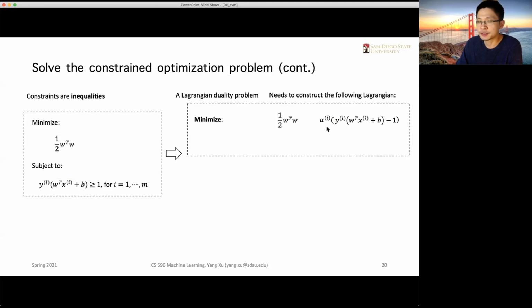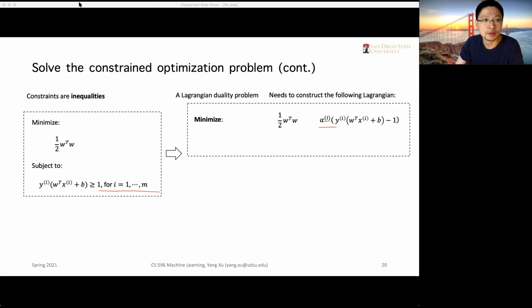So this alpha is similar to the lambda that we used for the single constraint optimization problem. But since now we have m constraints, we have i from 1 to m. So for each i, we will have 1 alpha. There's a superscript to alpha, so it's not just 1 alpha, it's m alphas.